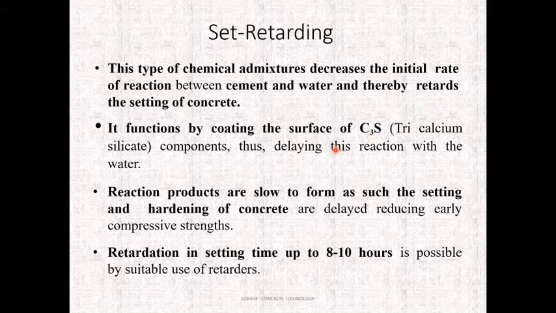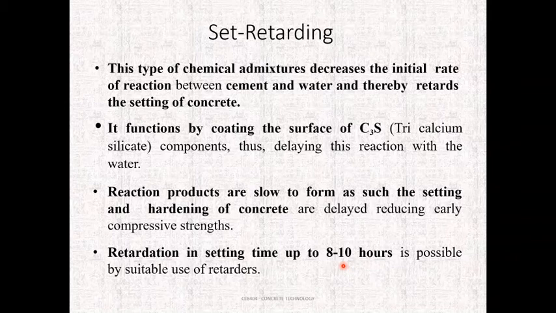So by delaying its action, the setting of the concrete can also be delayed. The reaction products are slow to form, so setting and hardening of concrete are delayed during the early period. Retarders can delay setting by 8 to 10 hours.